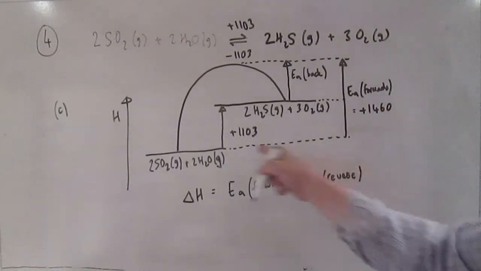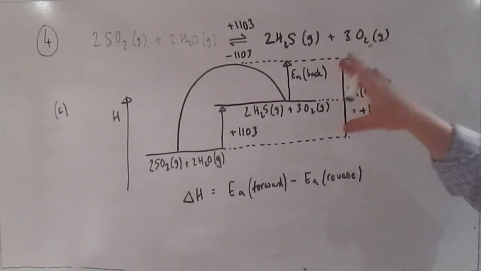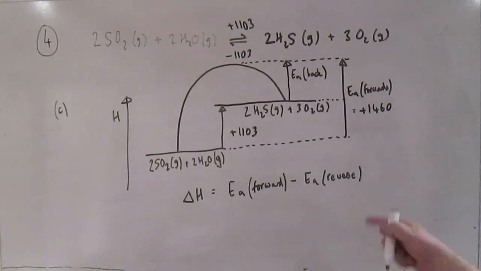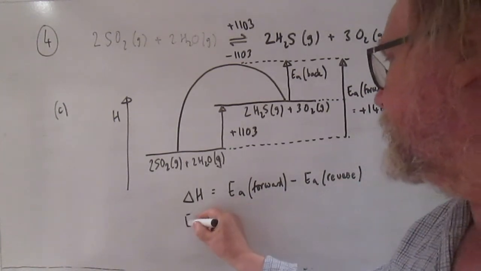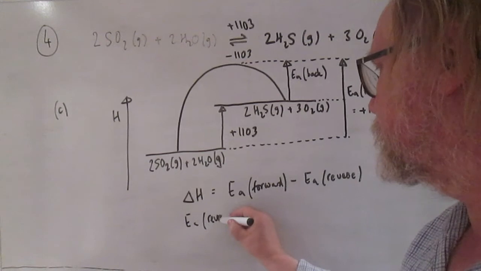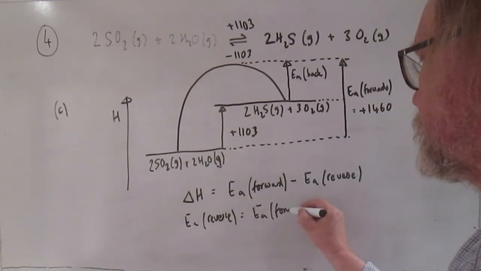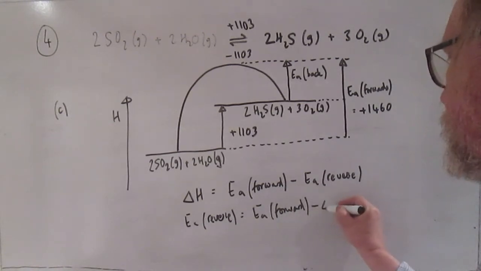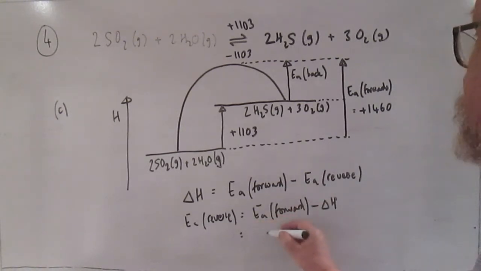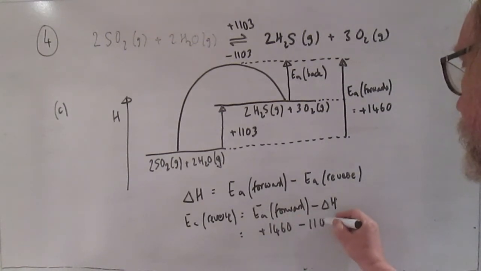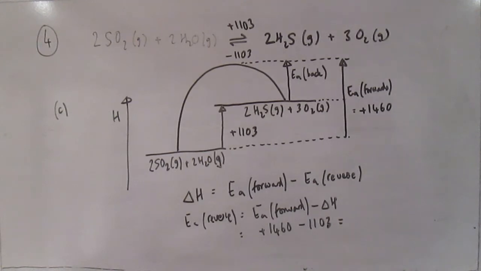And if you just memorize that relationship, if the visual thinking doesn't really help you, then you can just learn that relationship and rearrange it to get that EA reverse is equal to EA forward minus delta H, which is plus 1460 minus 1103, which is plus 357 kilojoules per mole.